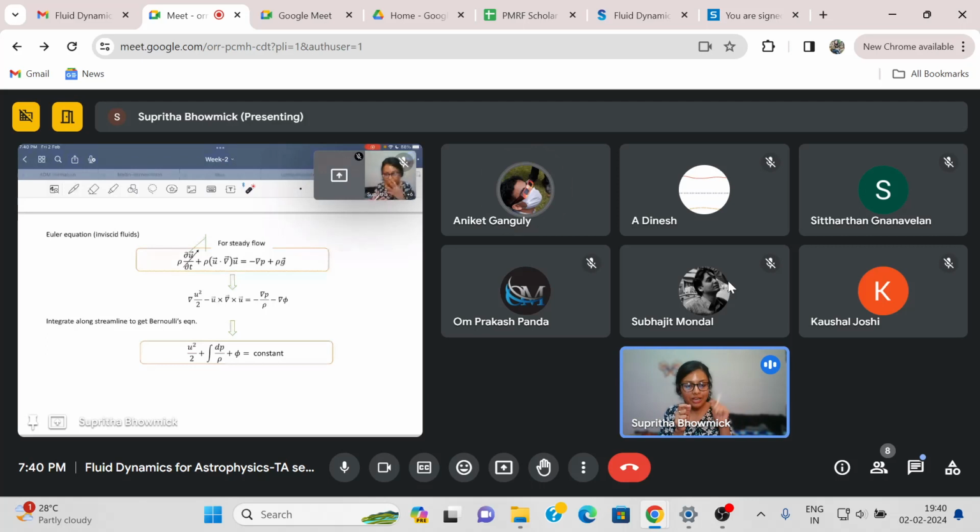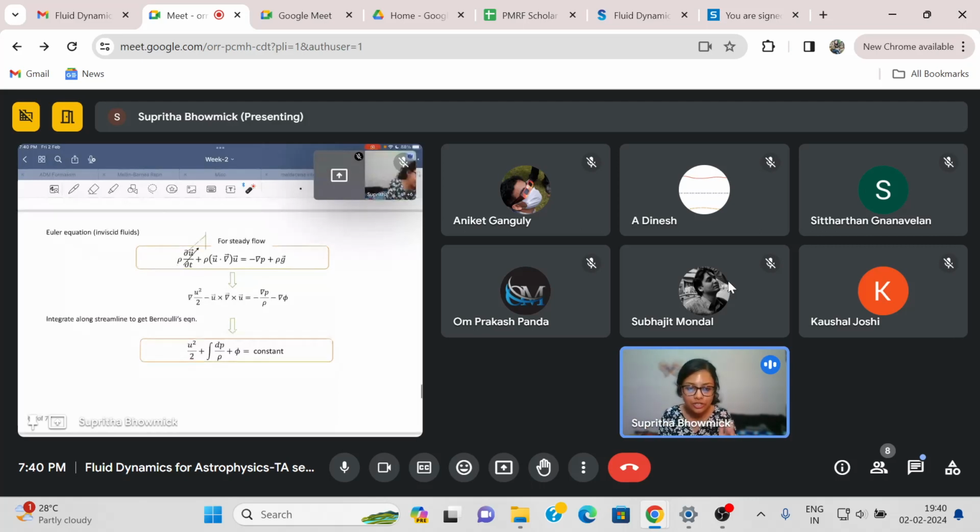But if you have an ideal fluid, that can have non-zero curl. So I hope it's clear now that you cannot claim curl of u is 0 just because you're working with inviscid fluids. So this term stays and it's not 0.